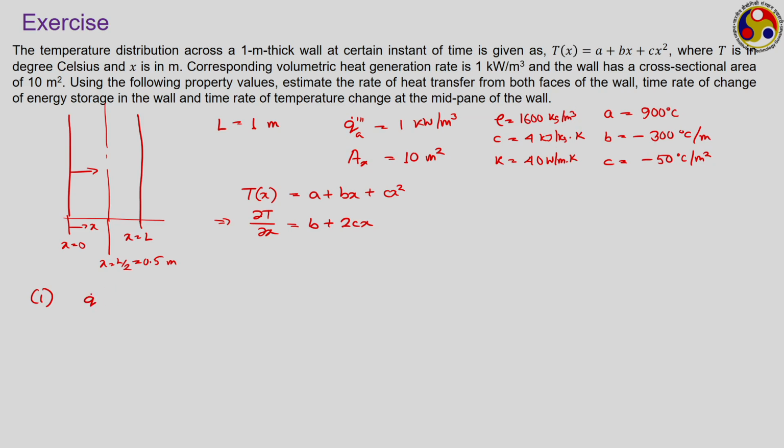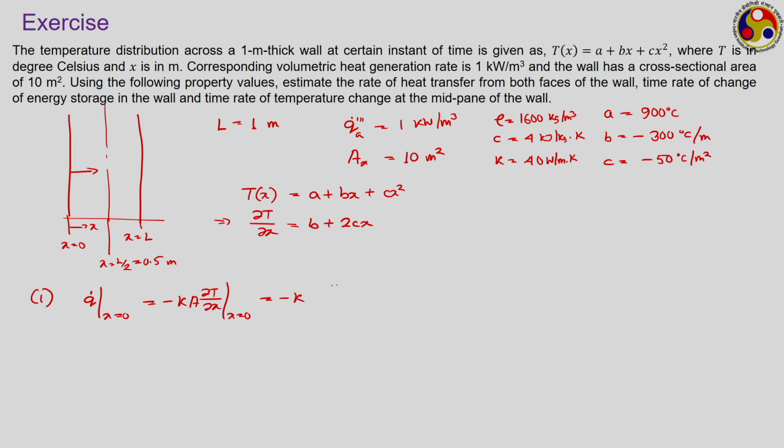Then the rate of heat transfer Q dot from the left face, that is x equal to 0. How can that be written? Because it is only conduction heat transfer that is happening inside, it should be equal to minus kA ∂T/∂x, everything at x equal to 0.